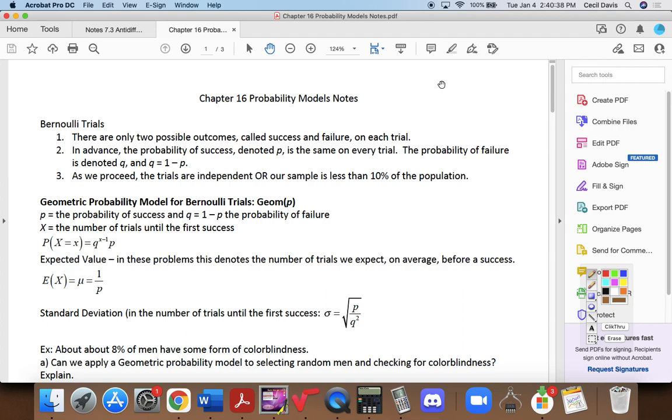And the third thing, the trials have to either be independent or, if they're not fully independent of one another, we have to use a sample that's less than 10% of the population. Part of the reason is that if you were to sample more than 10% of a population, the individual samples start interfering with one another.